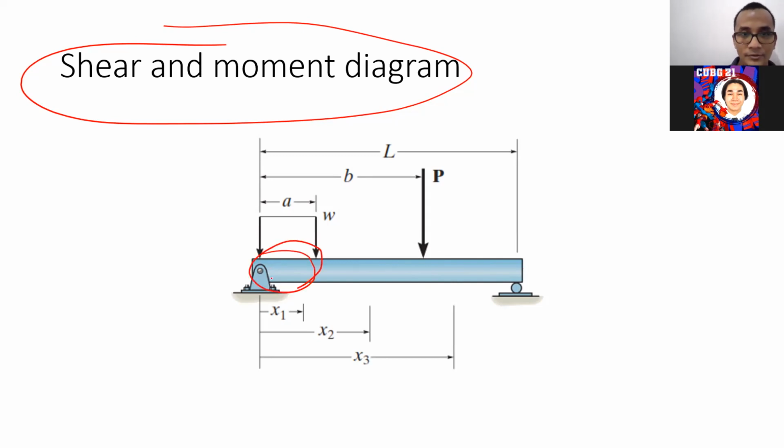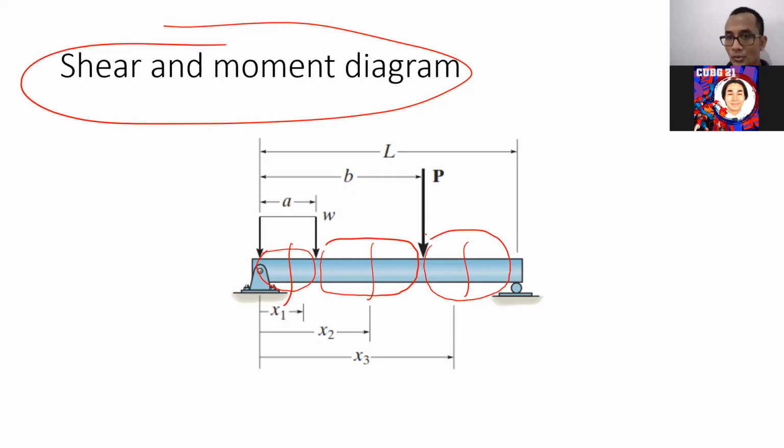For example, if I do the cutting here, I will find the internal force and moment at this particular region. If I do the cutting here, I will find them at this particular region. And lastly, if I do the cutting here, I will find them at this particular region.